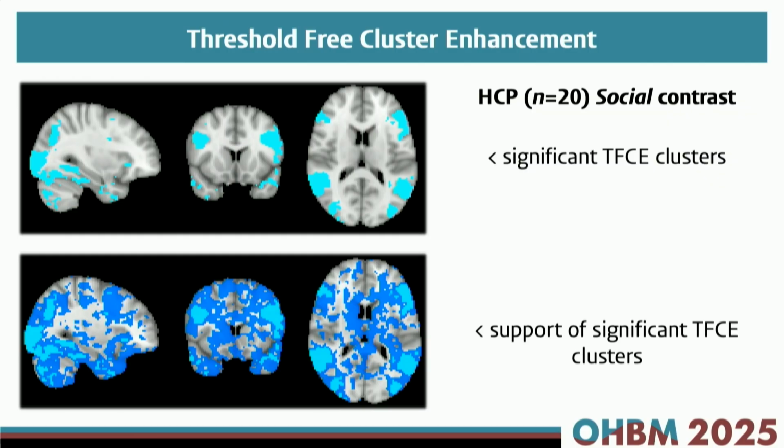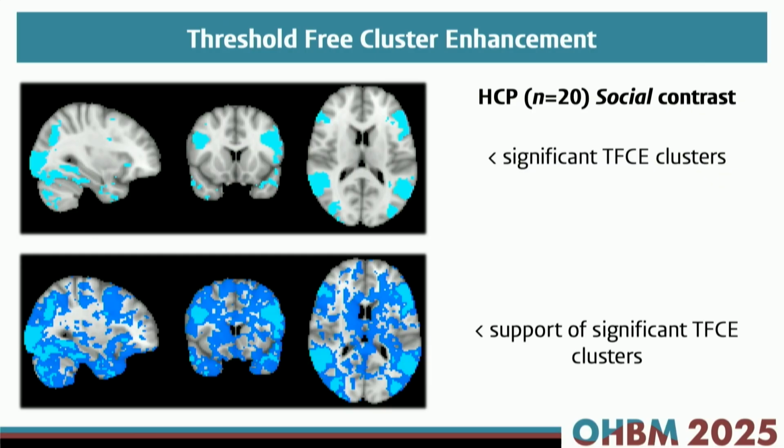If we now plot in darker blue the support of these clusters, you can see that there's a lot of information in the brain being used to support these clusters. This is at the lower threshold. The blue ones are all the voxels that are used to provide the support for these TFCE-based clusters. And the problem is that the same thing that holds for standard cluster extent thresholding holds for TFCE still: if you find a cluster, you don't know exactly where the activation in the cluster is.